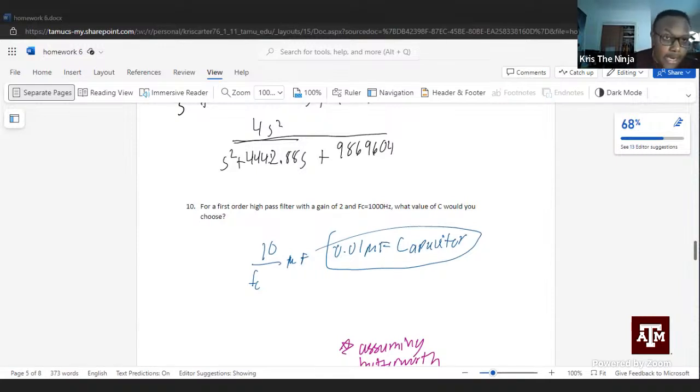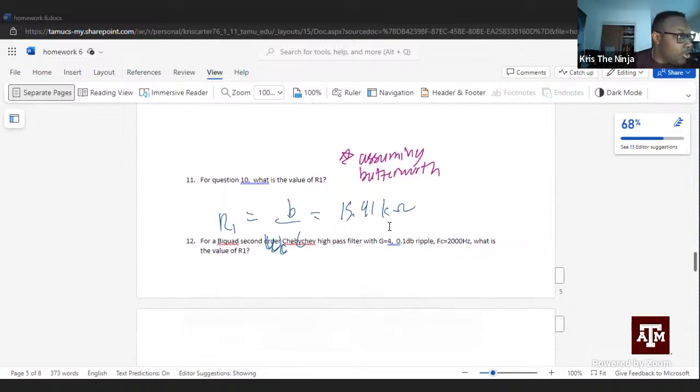So for a biquad second order Chebyshev filter. Jeez.